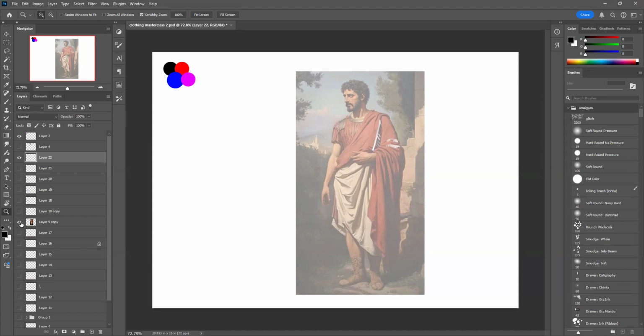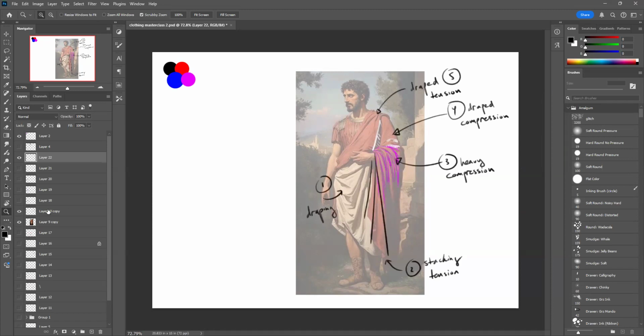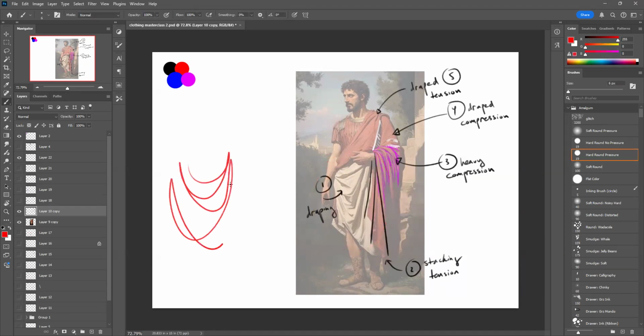So far we've covered, we put on our little poky thing here, the general draping, right? This one here, how it does those kinds of shapes. We have our stacking tension ones, where you have a tension point and then there's a lot of this and it just stacks up. Then we have our heavy compression right here, when you have a piece of fabric that's super tight and it forms these ribs.